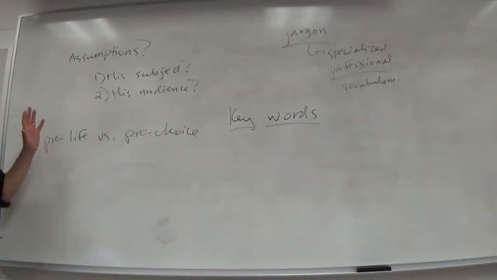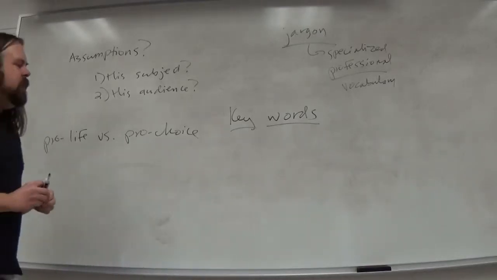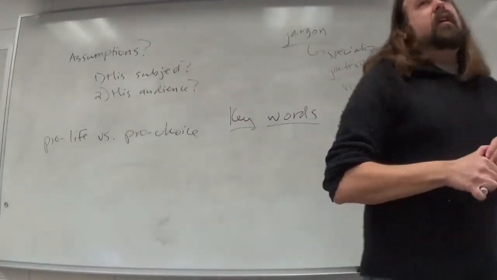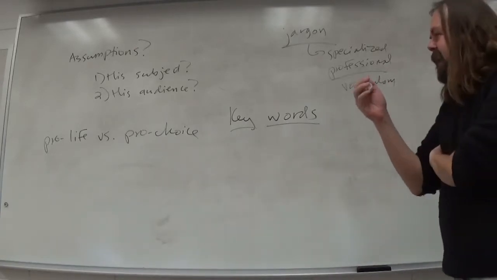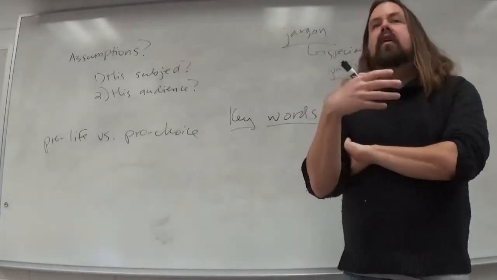Now, are these terms that we usually think of as describing opposite political positions? Yeah. Pro-life and pro-choice, right? Is there anything weird about that? Both of them say pro. If they're opposites, what would we expect? What does pro mean?